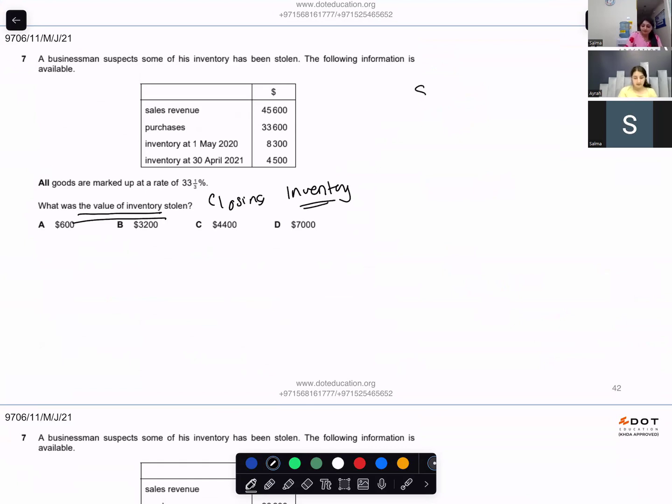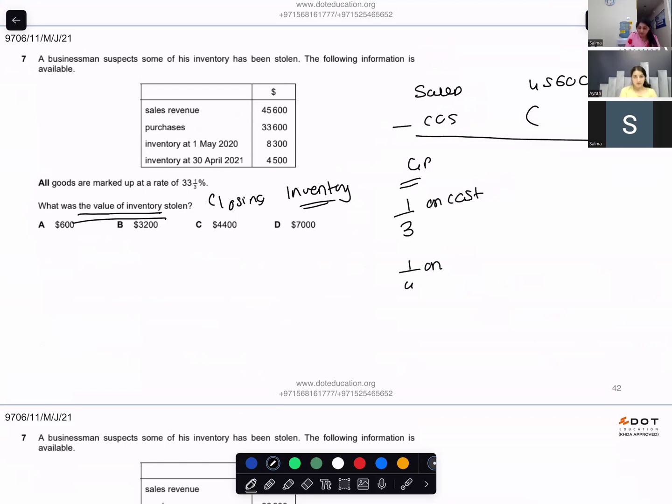So you'll do sales 45,600 minus cost of sales, which will give you the gross profit. Gross profit will be 1/4 on sales. So it's 11,400. So the cost of sales is 34,200.